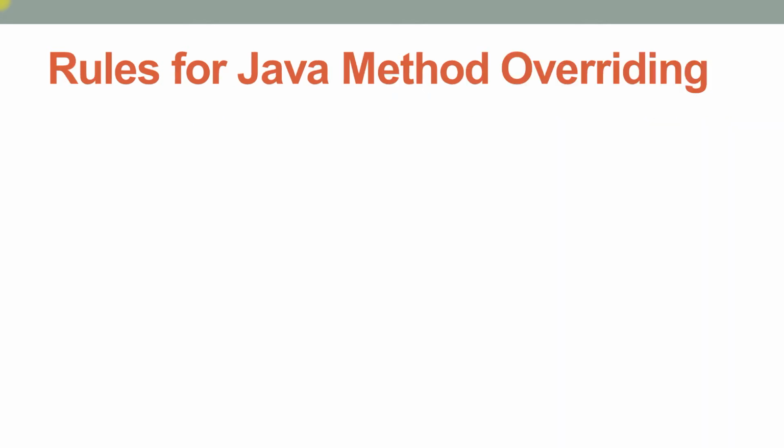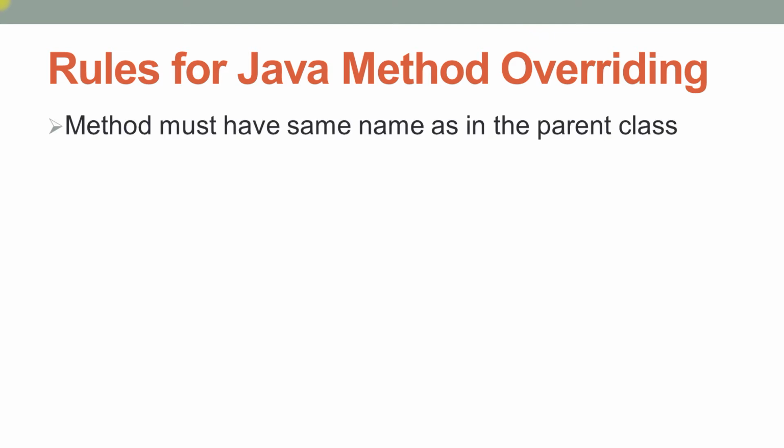Next, let's check what the rules are for Java method overriding, which are almost the same as in C++, because all are object oriented programming. First, the method must have the same name as in the parent class. That is, the function should have the same prototype.